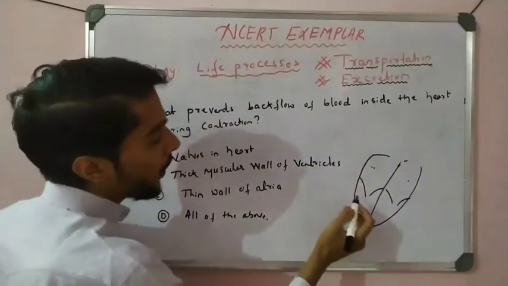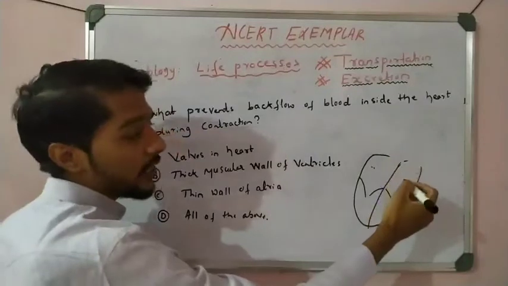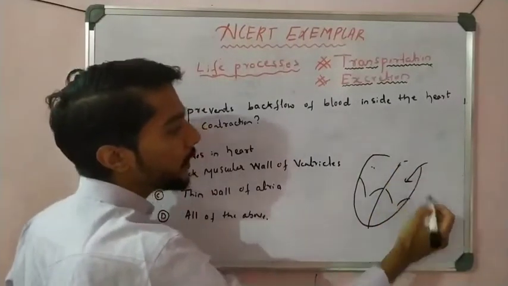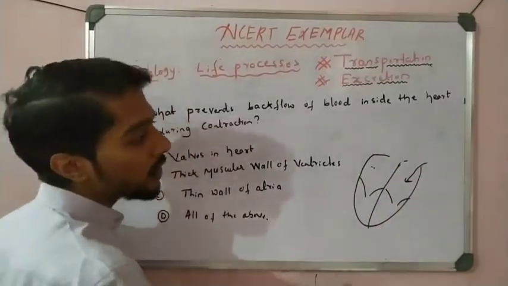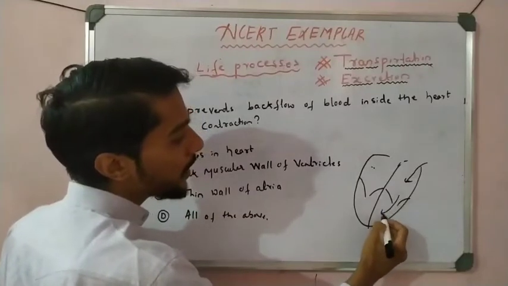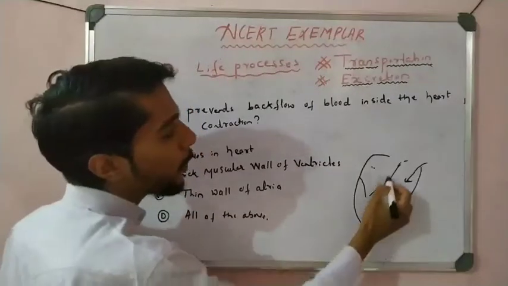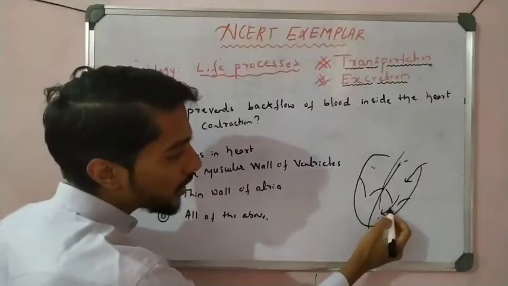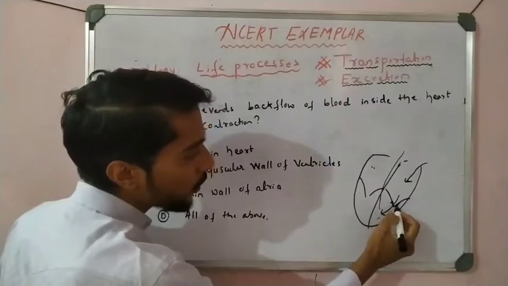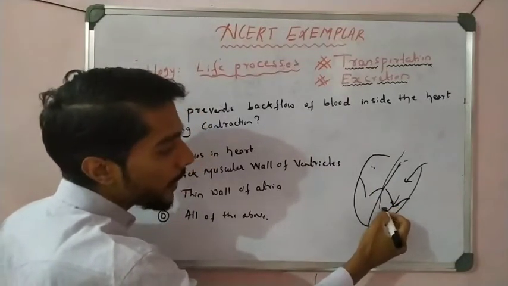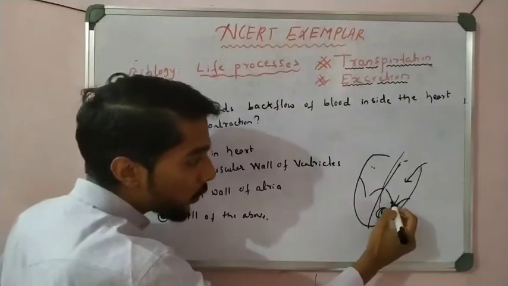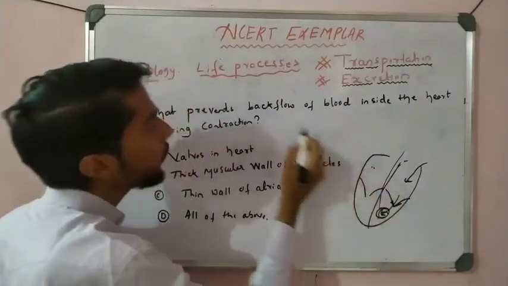Now let us see, during relaxation the blood enters the heart, and after contraction the blood is pumped out from the heart. During contraction these walls are closed, and they prevent the backflow of blood.